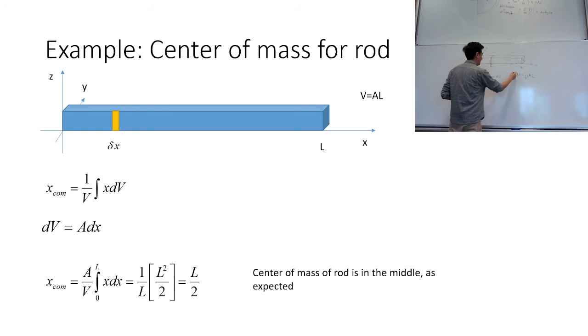So let's put that in here. What we're going to get is rho divided by rho A L. These rhos cancel. And then A times L is the volume of the thing.